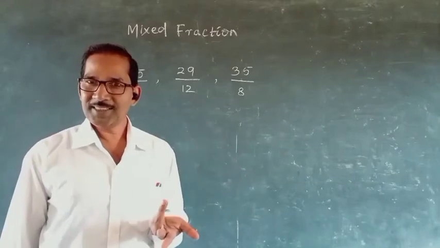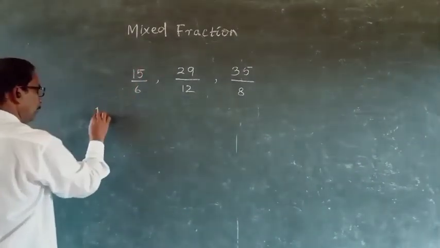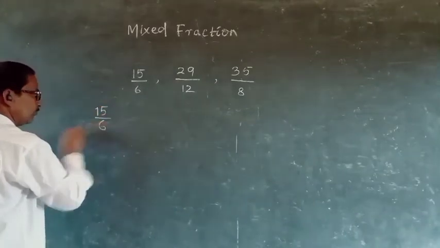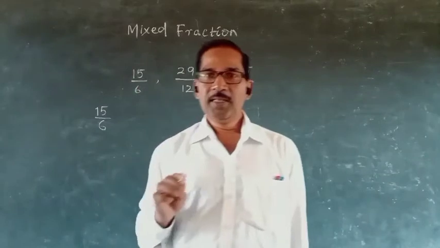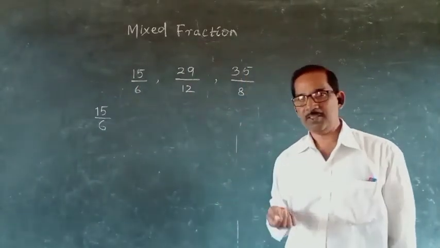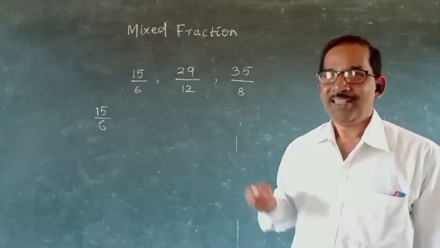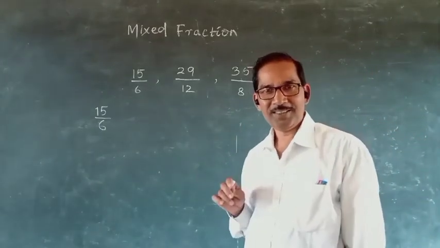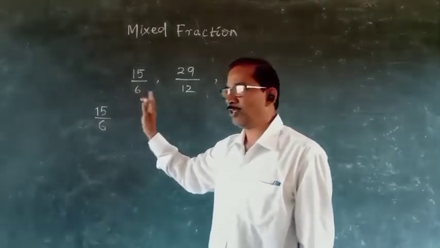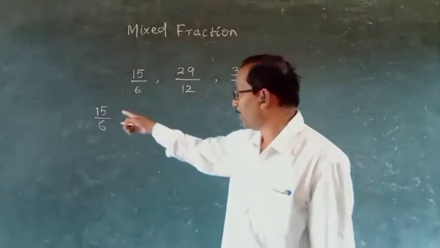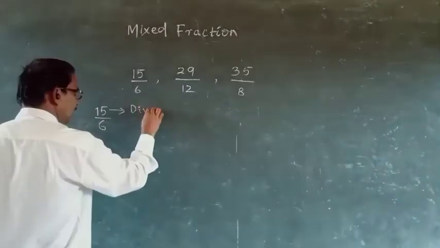How can we write this? Now let us see. 15 by 6. I have already told you that every fraction is a division, right? Every fraction is a division. Here, 15 by 6 is also a division. 15 is the dividend and 6 is the divisor.